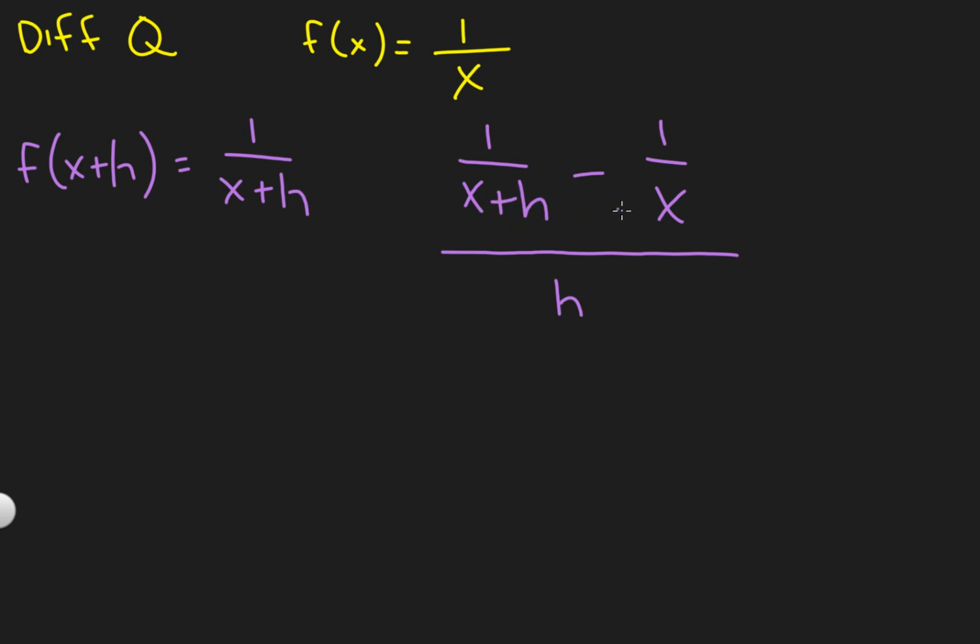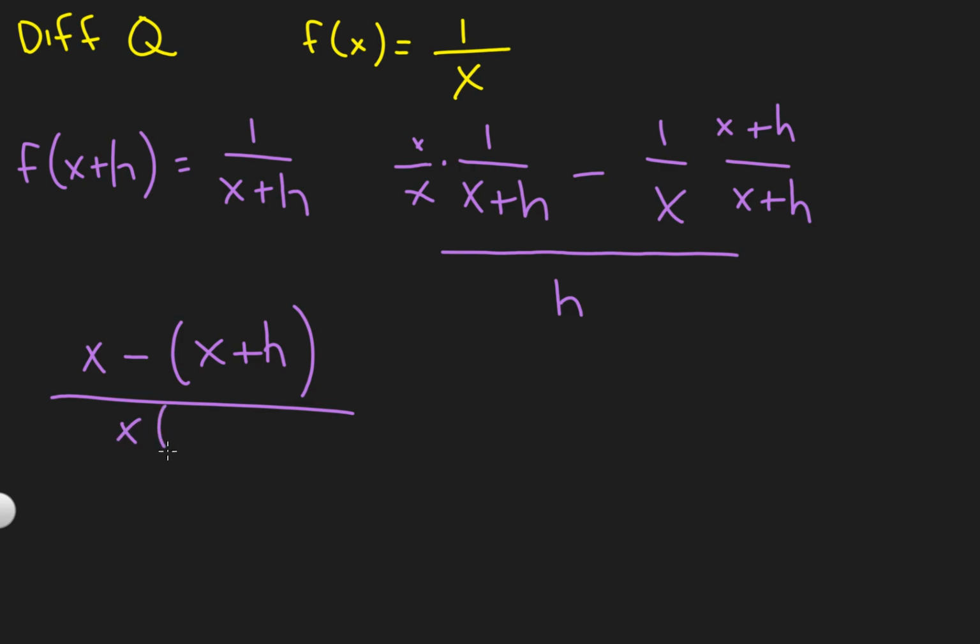Lots of fractions to simplify. So we need a common denominator. We'll multiply this one by x over x, this one by x plus h over x plus h. This is going to give me x minus x plus h over x times x plus h, and then we'll divide everything by h from there.